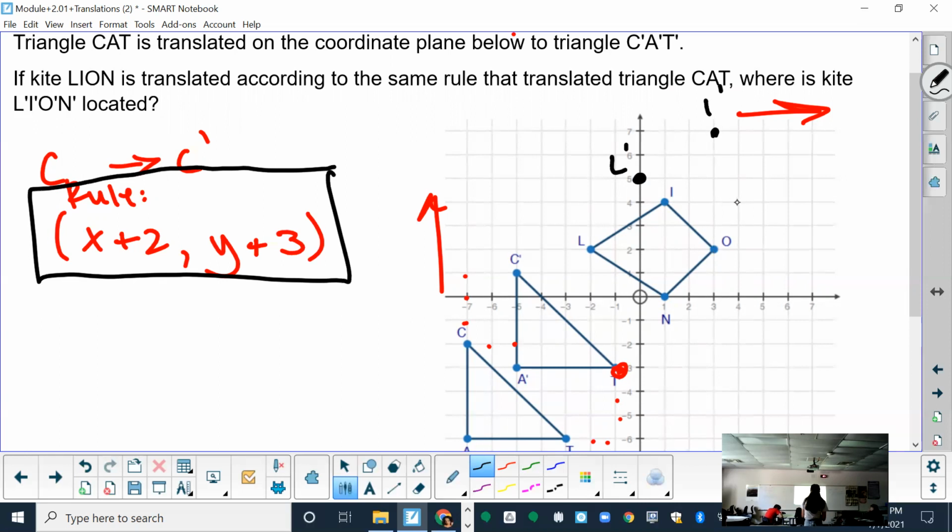Right 2, up 3. All right, anyone confused where we're getting these numbers from? All right, it should look something like that.